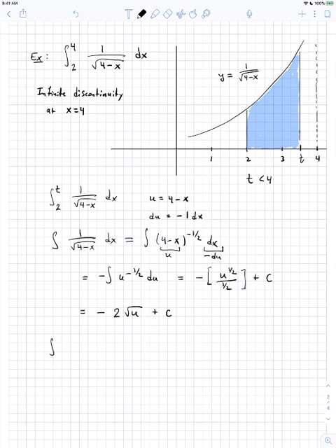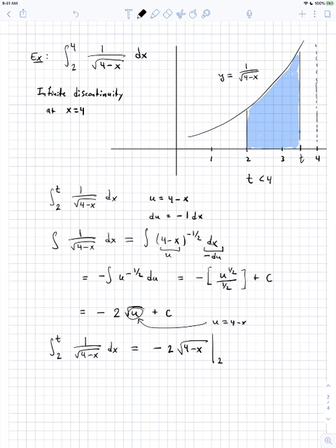So if we want to compute the definite integral from 2 to t of 1 over the square root of 4 minus x dx, don't forget to plug in what u is. u is equal to 4 minus x. So this is minus 2 times the square root of 4 minus x plus c, but we don't need that. We're doing a definite integral, so any antiderivative will do.